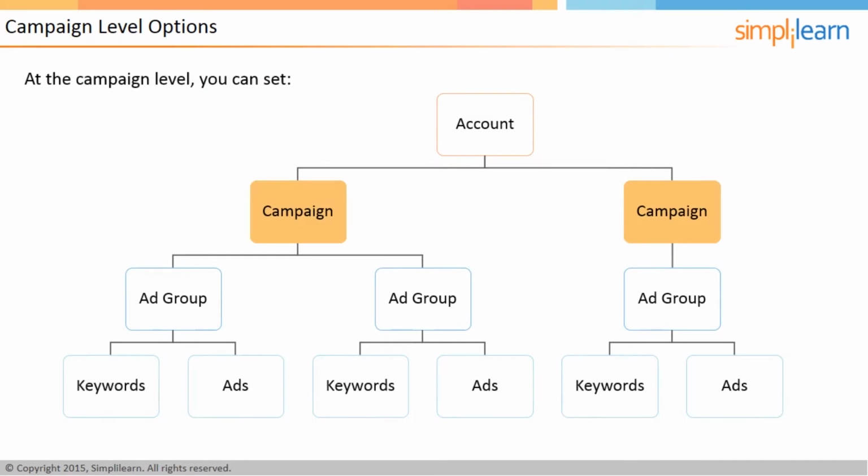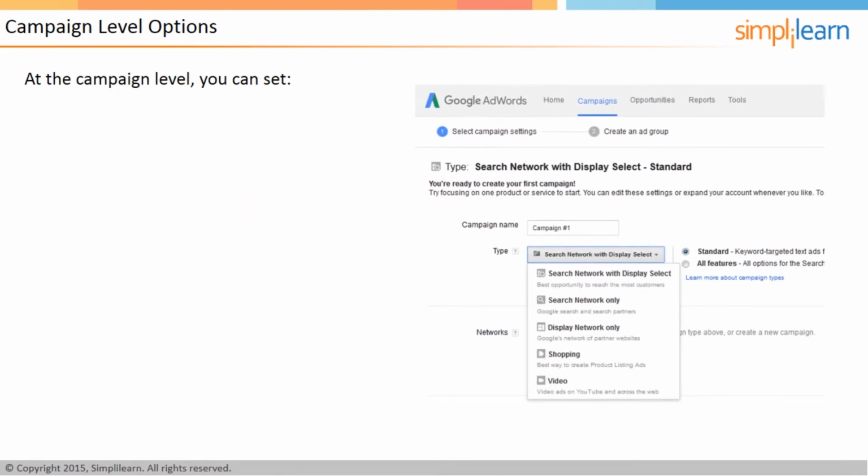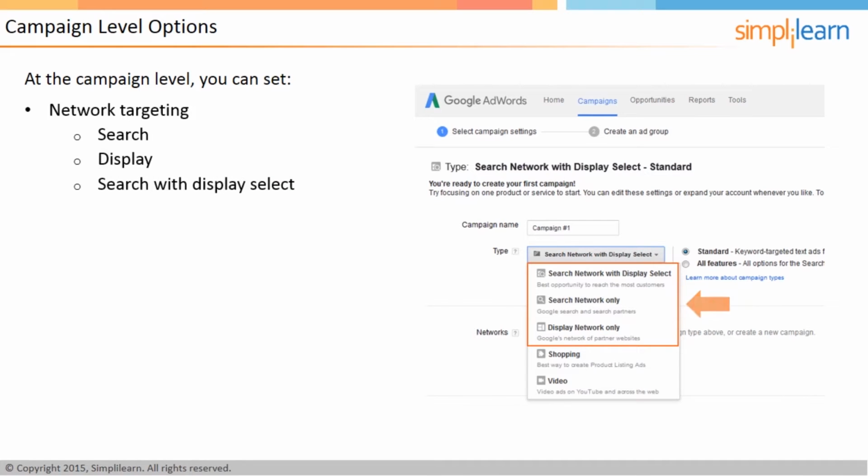Now, at the campaign level, this is where you're going to set most of your targeting options. A campaign is comprised of ad groups, and all the ad groups in that campaign will be displayed based upon your campaign targeting options. At the campaign level, you can set your network targeting: search, which could include search partners, display, or search with display select.